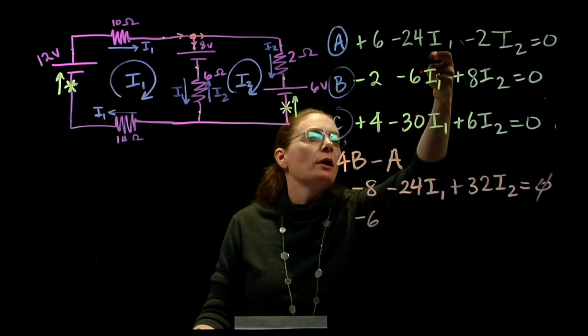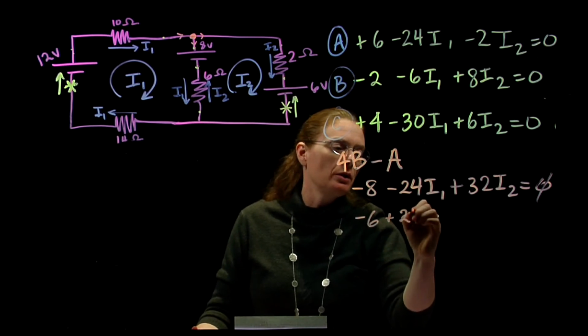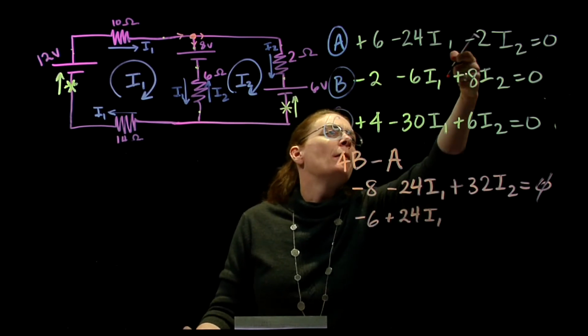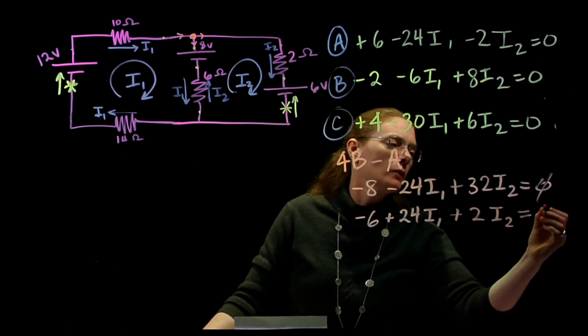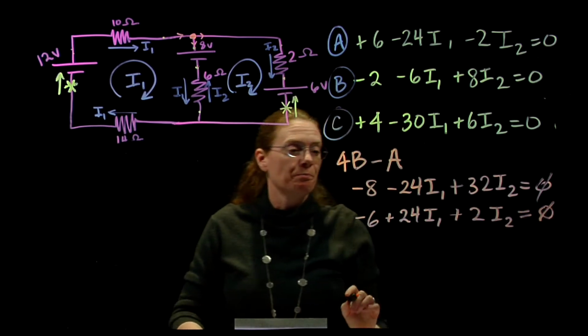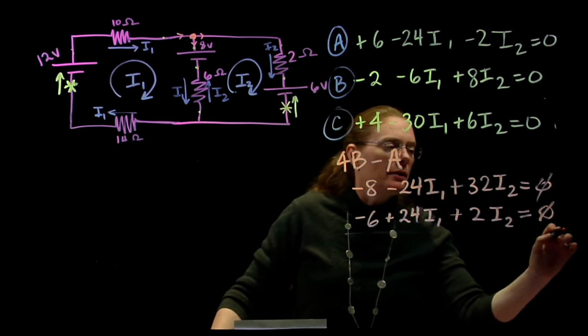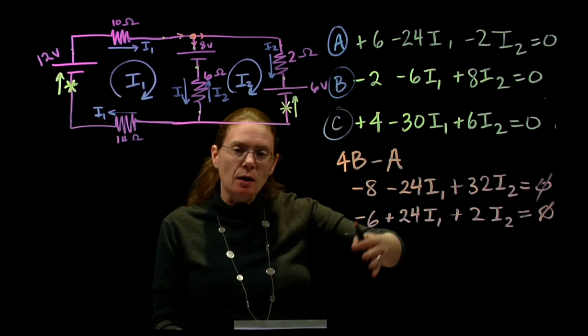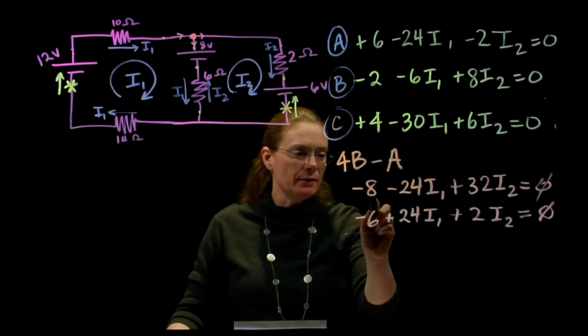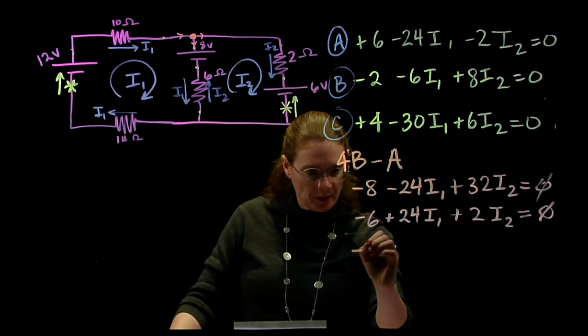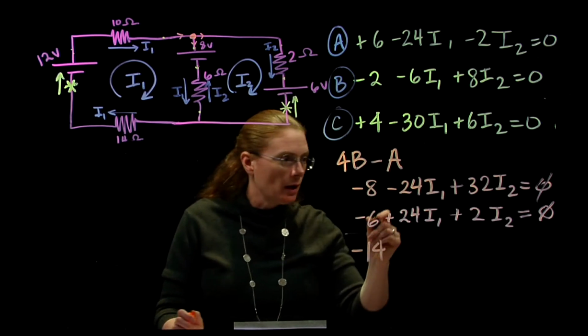A minus 24I1 becomes a plus 24I1. Minus 2I2 becomes a plus 2I2. And negative 0 is still 0. And now I'm going to add these two together. I'm just going to line up each of these columns and see what they add up to. Minus 8 and minus 6 is negative 14.